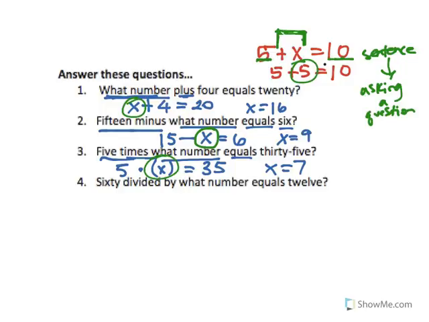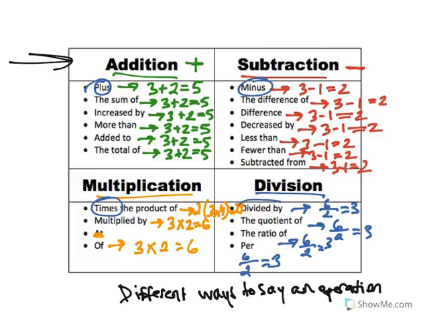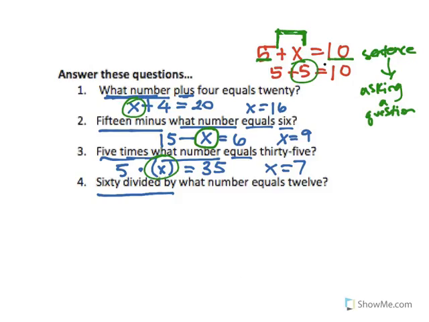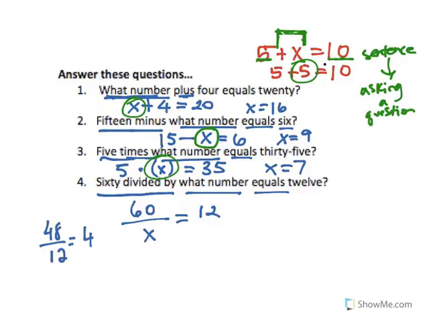What about this one? 60 divided by what number is x equals 12. Well, I know that 48 divided by 12 is 4, right?